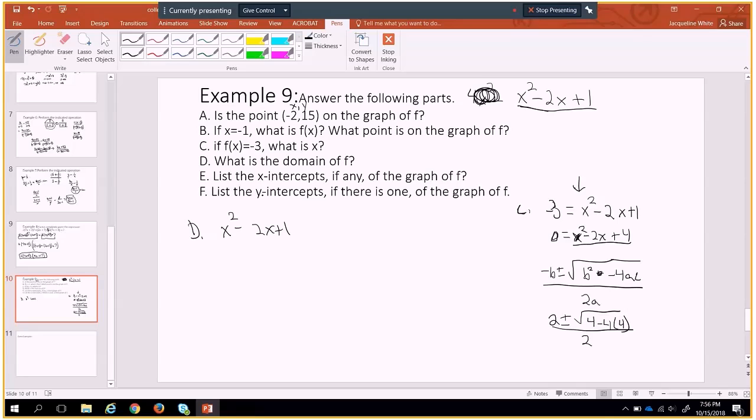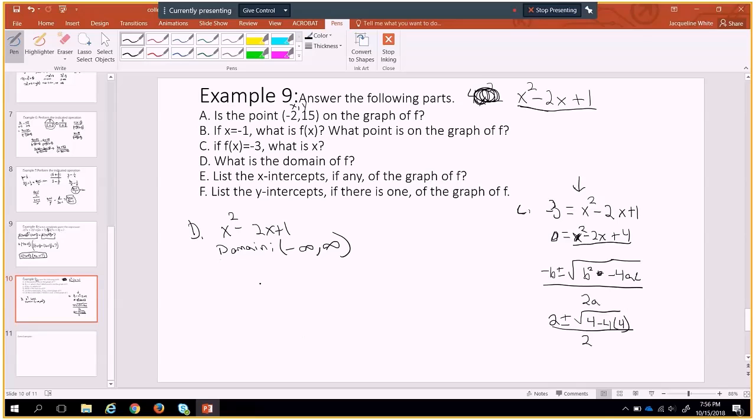Let me just say it once again. The domain of any polynomial is going to be all real numbers, right? So the domain of this particular polynomial, D for domain, is negative infinity to positive infinity to say that it's all real numbers. All right?